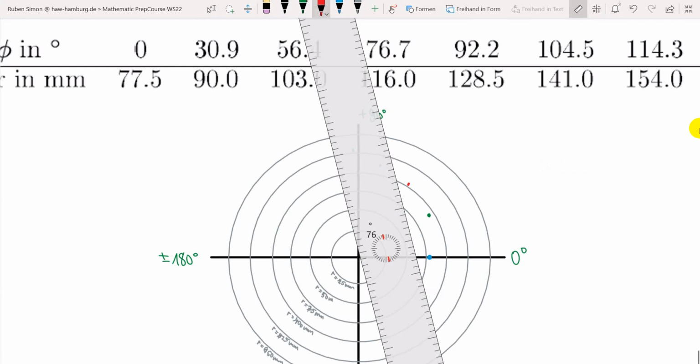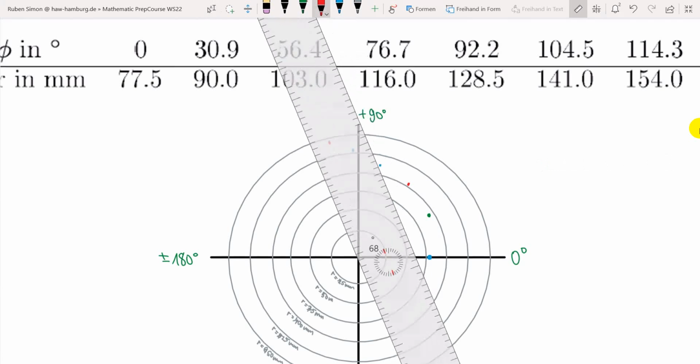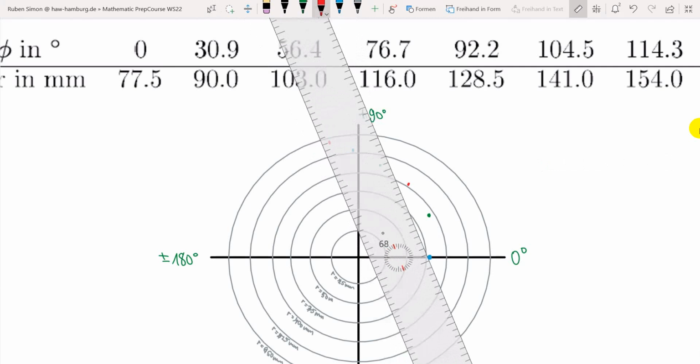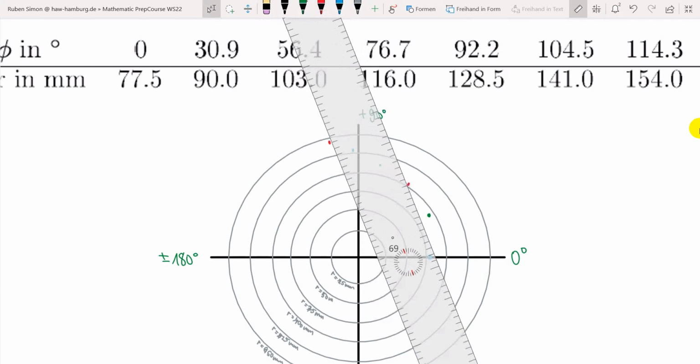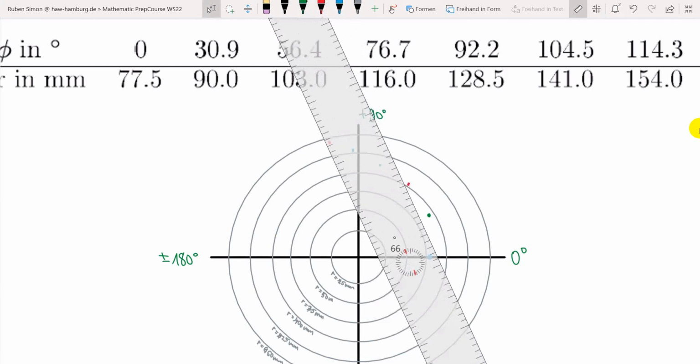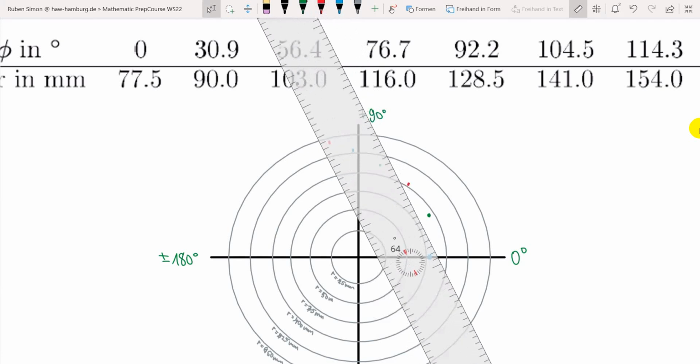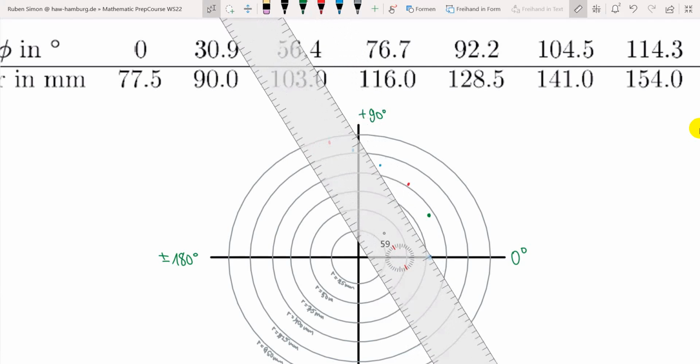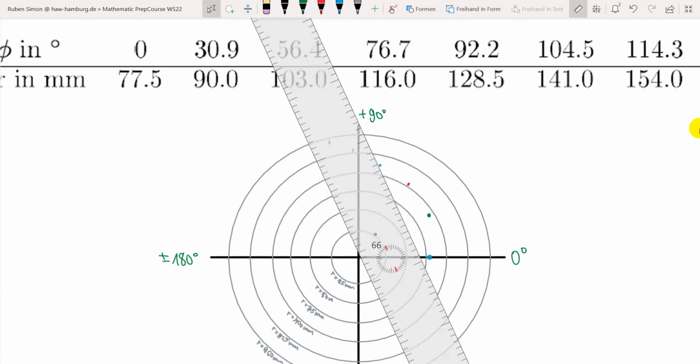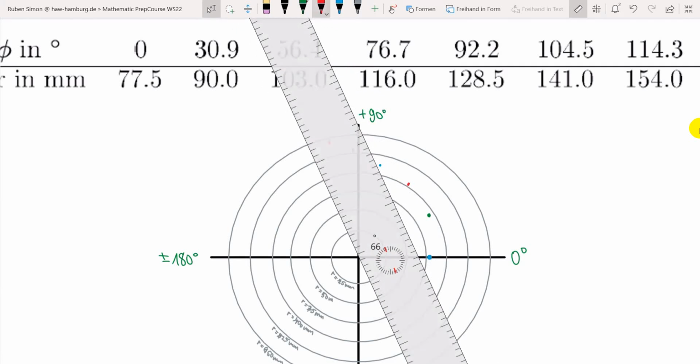And last but not least is 114. So this would be 90 minus 24, which would be 66. And this is 154, so this would be around here.